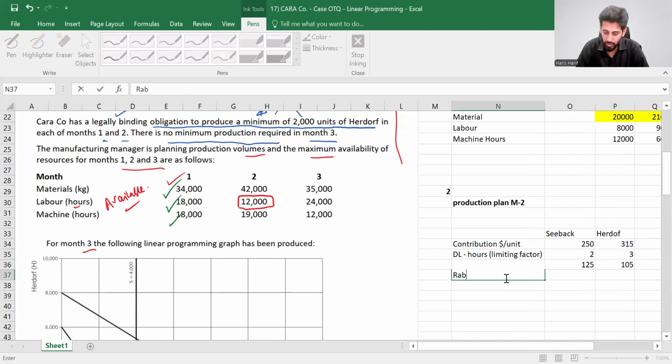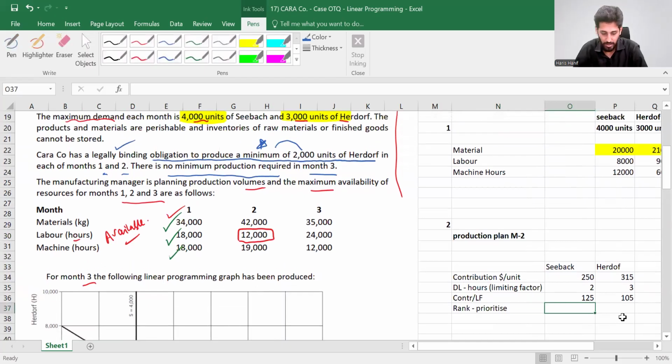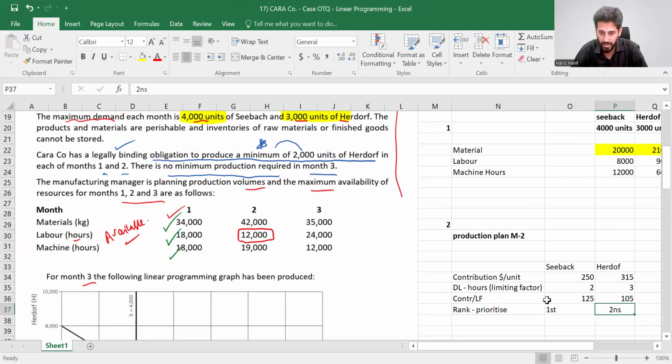And when you are supposed to give the rank, that means prioritize. So you have to make it first and then you have to make it second. Why? Because you are supposed to take the contribution per limiting factor.